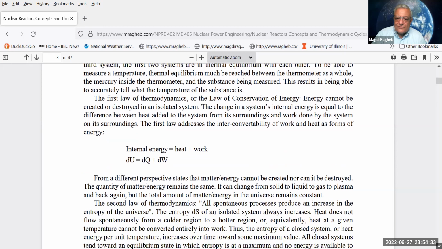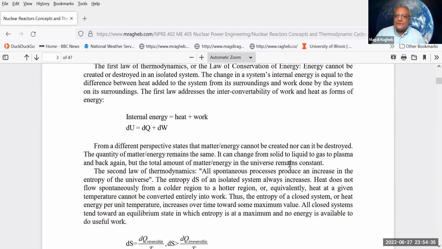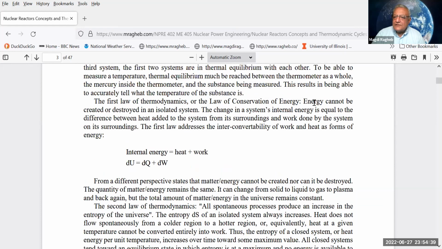If we go back to the laws of thermodynamics, the first law is the law of conservation of energy. It tells us that energy cannot be created or destroyed in an isolated system. The change in a system's internal energy is equal to the difference between the heat added to the system from its surroundings and work done by the system on its surroundings.